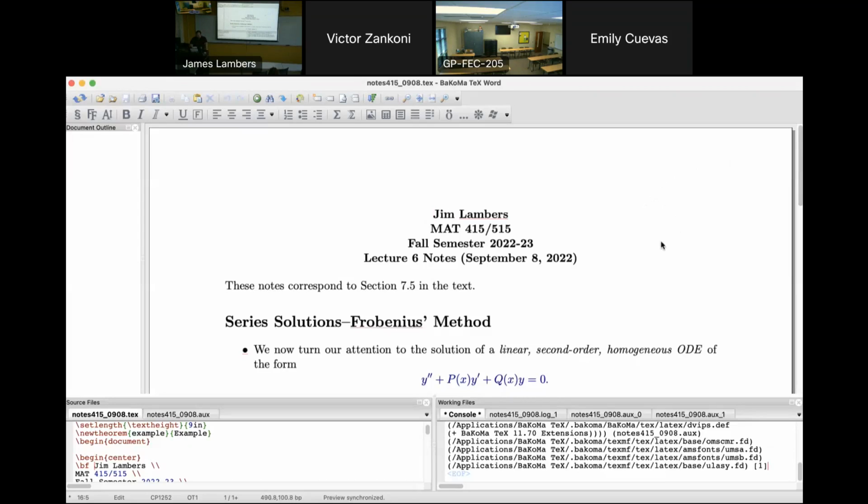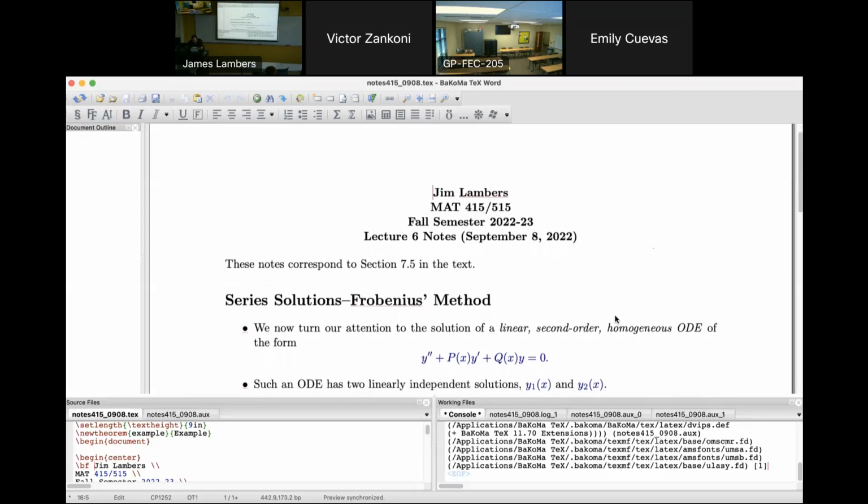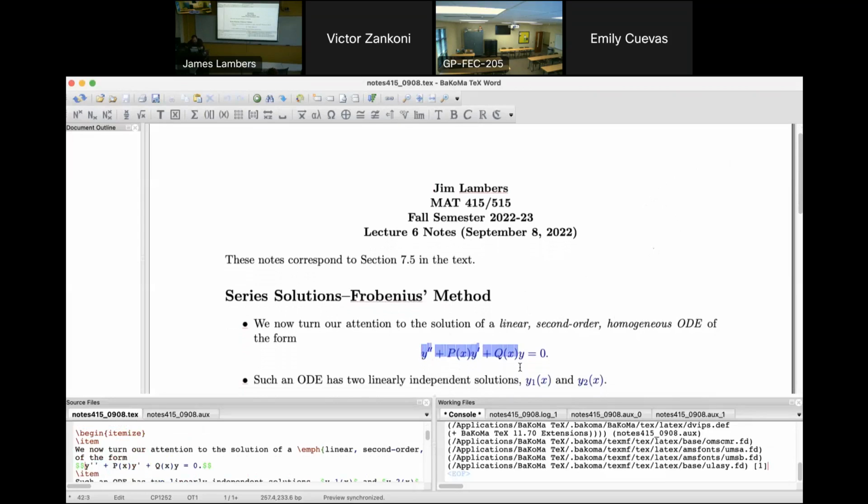Okay, so today it's all about what is called Frobenius' method for coming up with a power series solution to an ODE. So the kind of ODE that we're going to look at is something of this form. So it's linear, second order, and homogeneous, meaning the right-hand side is 0, for some coefficients p and q that may depend on x.